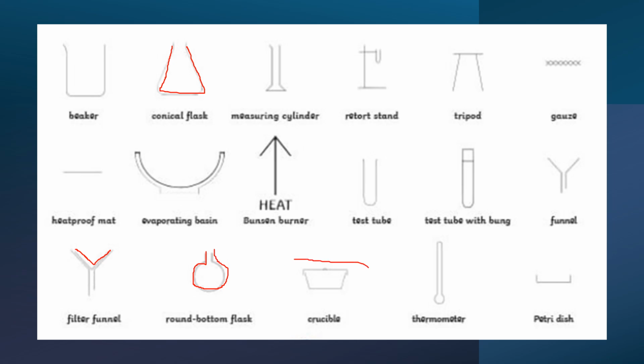And we also have crucibles, right? You can heat these. They are also made of porcelain, but you can heat them to very high temperatures. So crucibles are very stable. And thermometer. And look at the petri dish. How are we going to draw the petri dish, and the petri dish cover with the lid? Look at that.